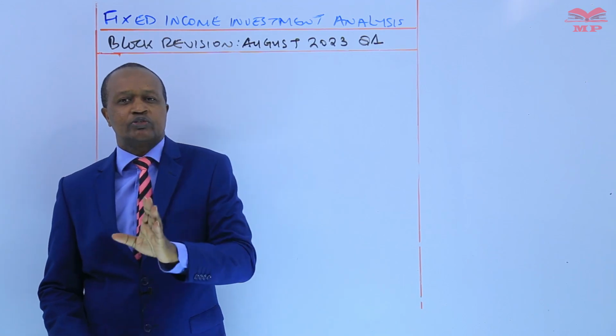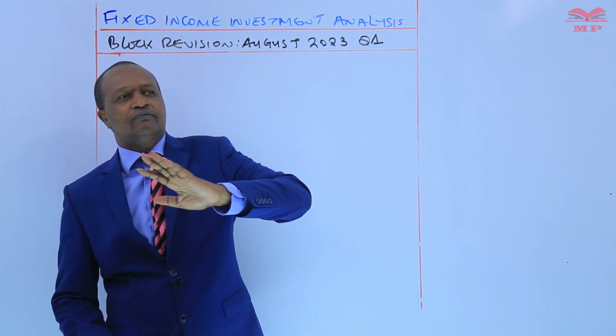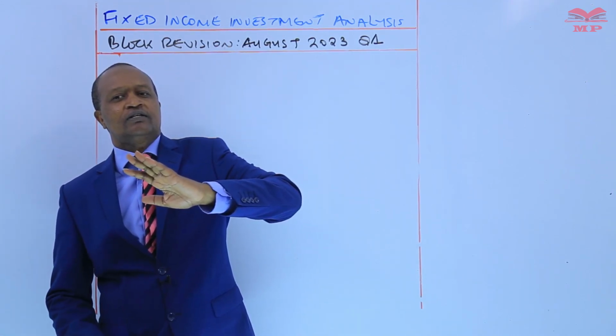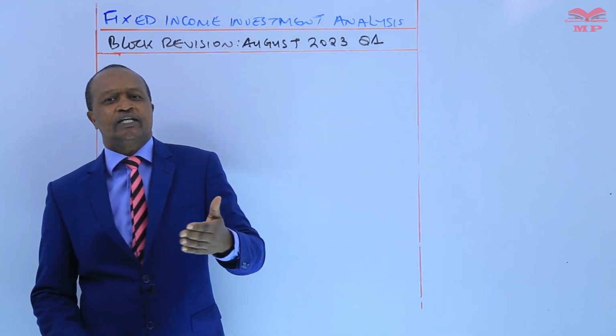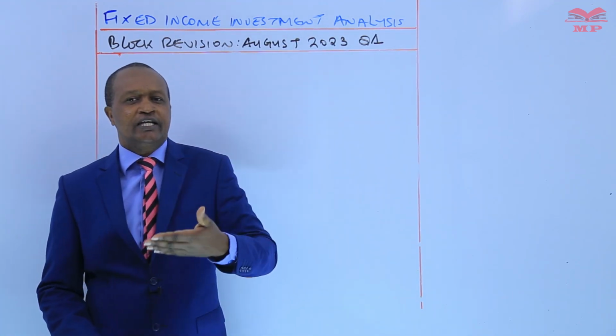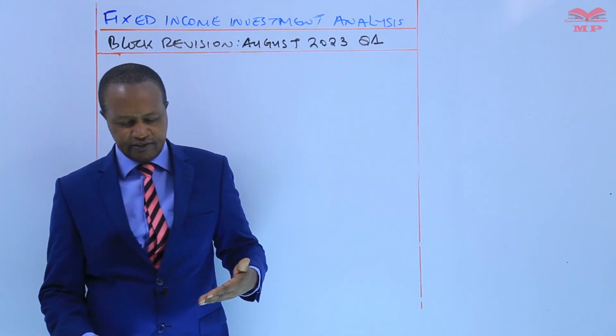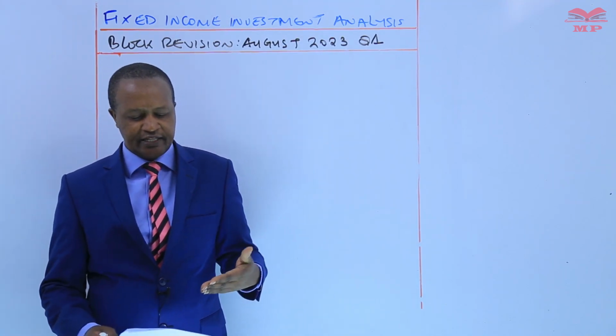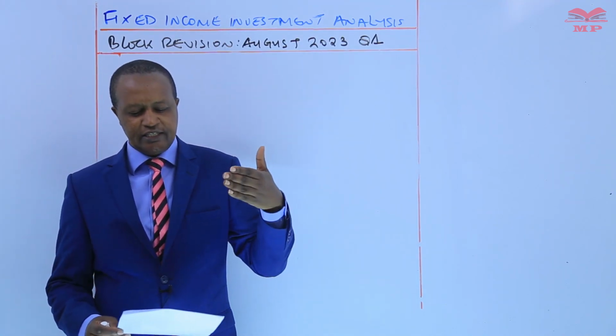That allows the issuer to access the foreign currency market while still paying back investors in their preferred currency. That is a dual currency bond.